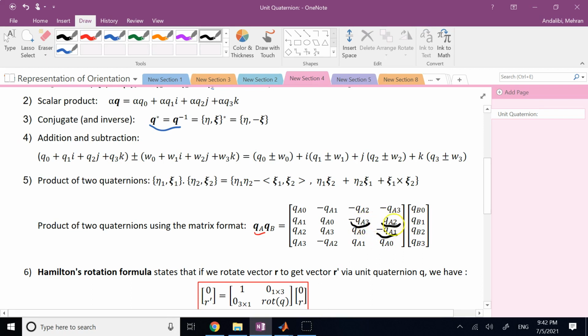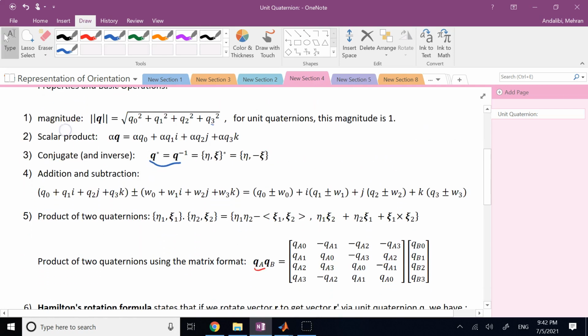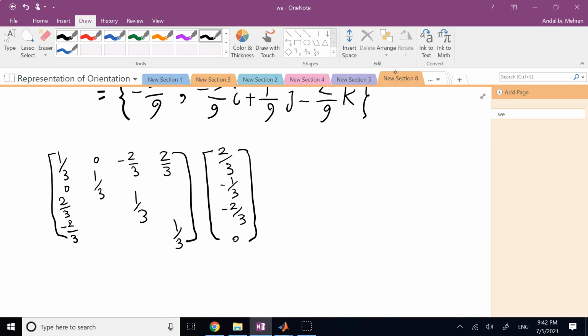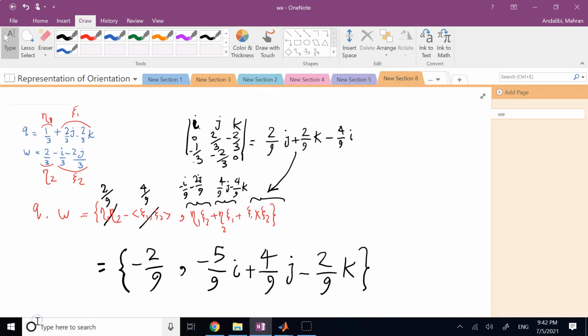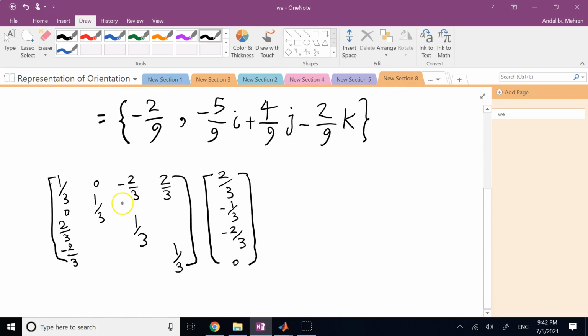So if you just know these three, the other three will be mirror image of them, will be negative of them. So if you just remember this corner, this triangle, it's over, right? So negative Q3, Q2, negative Q1, that's all it is, right? Negative Q3, positive Q2, negative Q1. So negative Q3, so negative of -2/3 is positive 2/3.